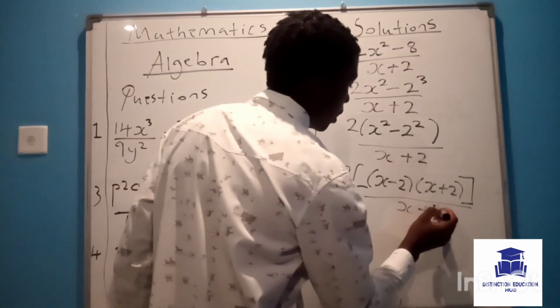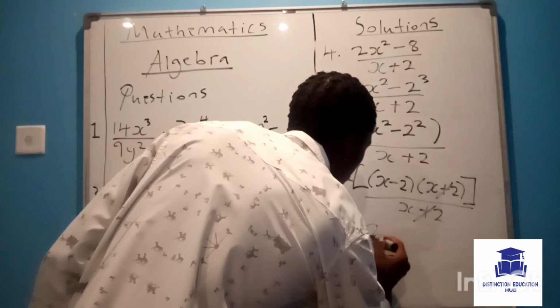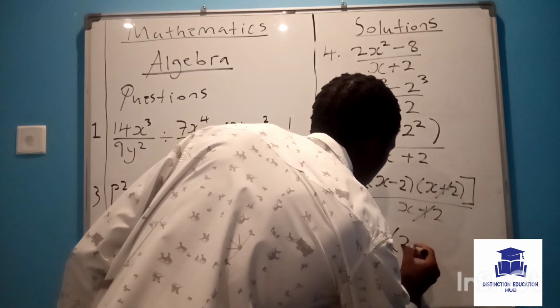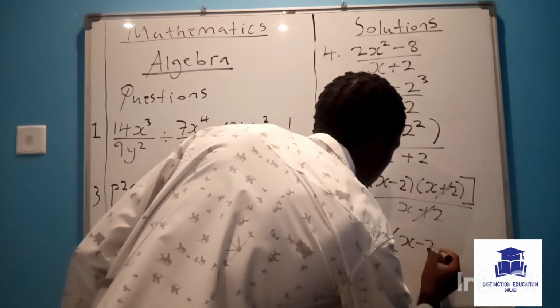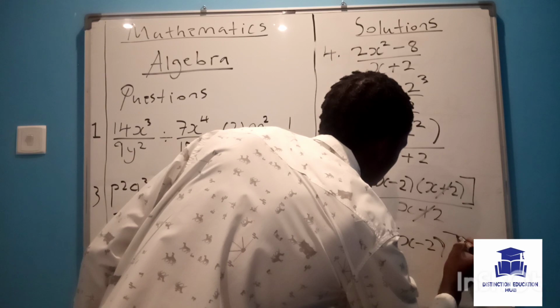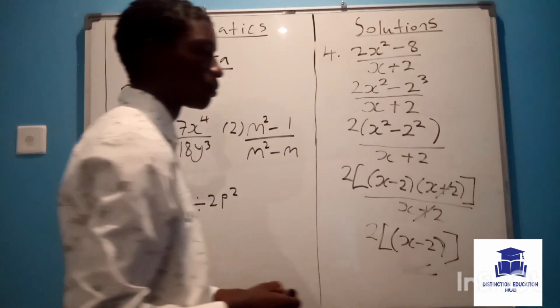Cancel x plus 2 and x plus 2. You remain with 2 times x minus 2. And you have your answer.